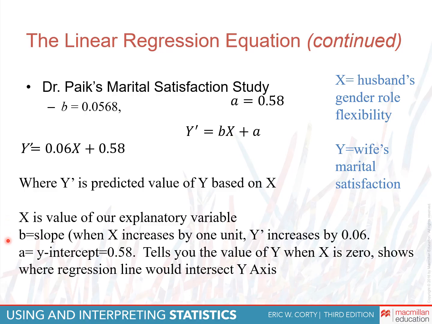And so the slope tells us that when x increases by 1 unit, y is going to increase by whatever the value of the slope is. So here, when x increases by 1 unit, y is going to increase by 0.06. That's what we see here. And then a is our y-intercept, which is that 0.58. And it tells you the value of y prime when x is 0. And so what it does is it shows you where your regression line is going to intersect the y-axis.